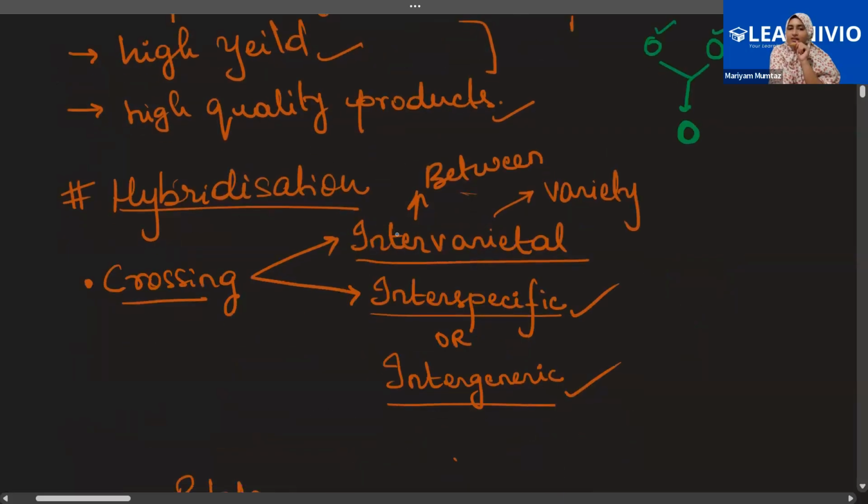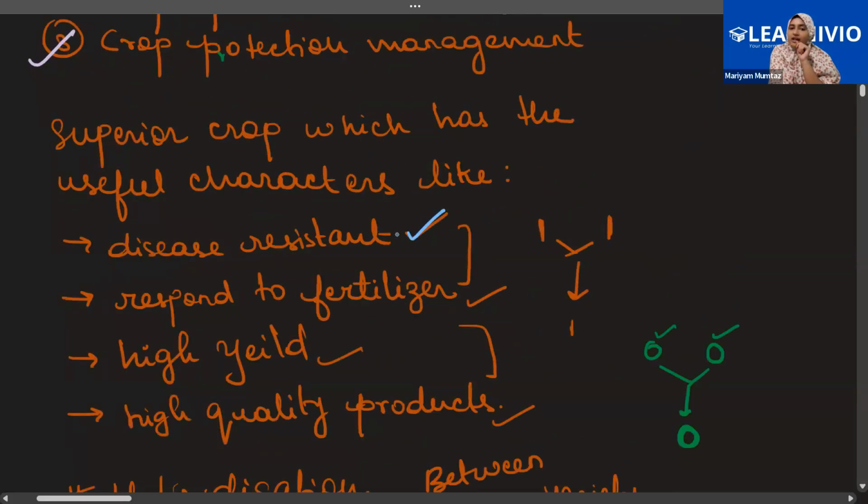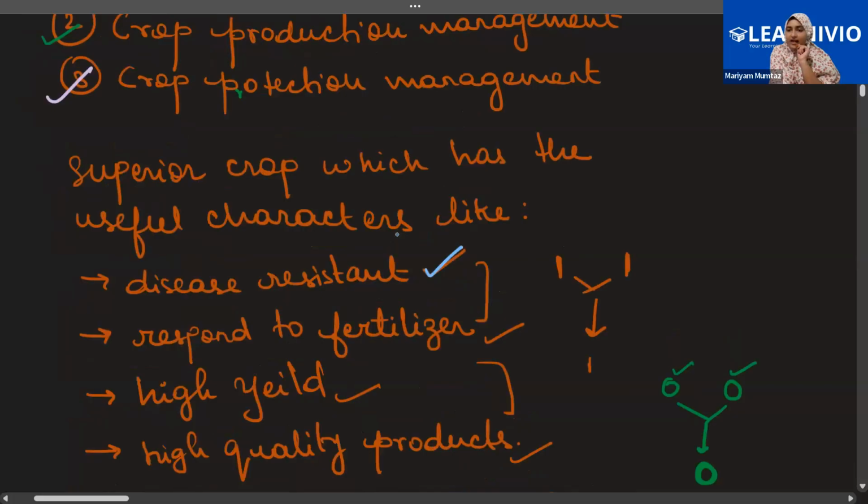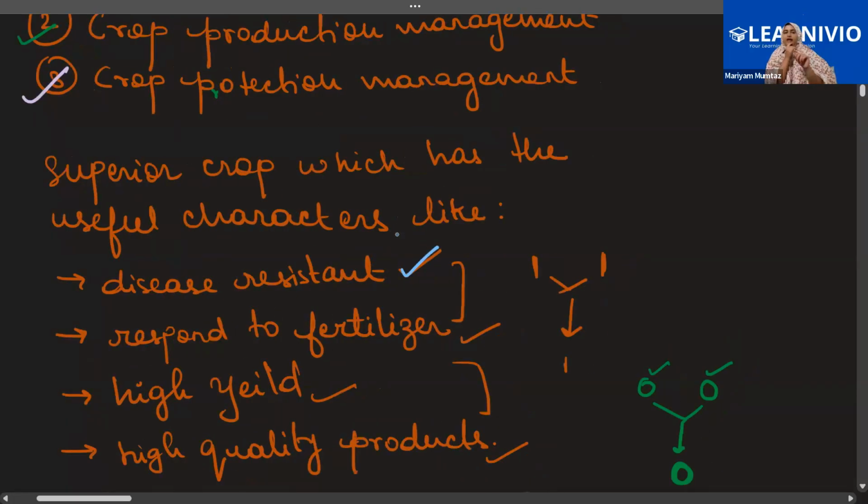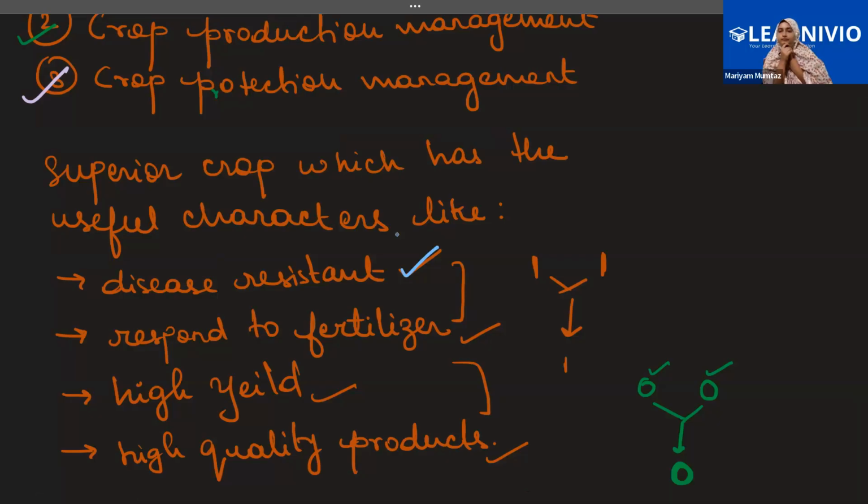Now, in order to create a superior variety, do you think having all of these things is possible in one crop? Do you think it's possible that one crop will have everything? No. So what happens? We do hybridization. Now, what is hybridization? During the procedure of hybridization, we take two superior varieties.